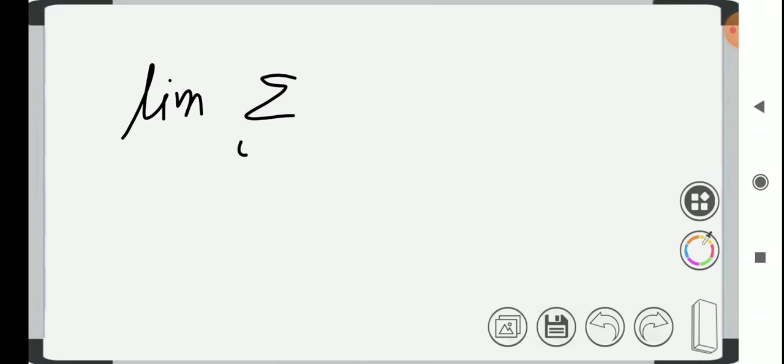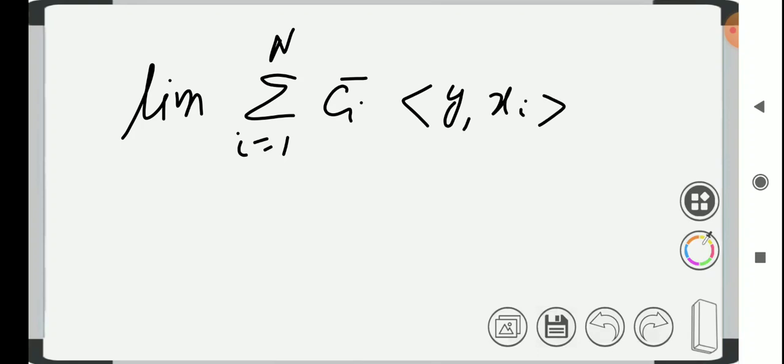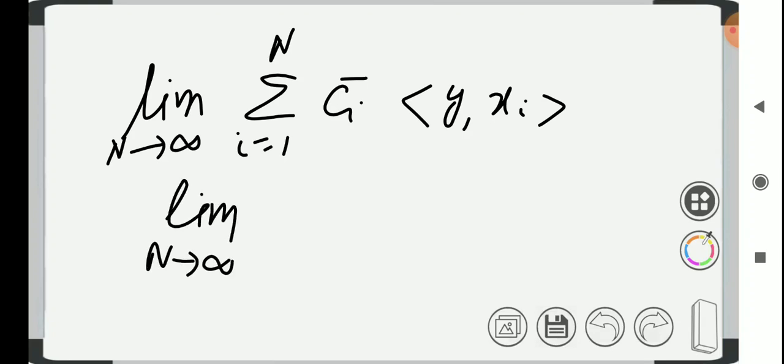Therefore this will be the limit as n goes to infinity of the summation, i goes from 1 to n, of ci conjugate times the inner product of y with xi. This will simply be the limit of the summation of ci conjugate times 0.